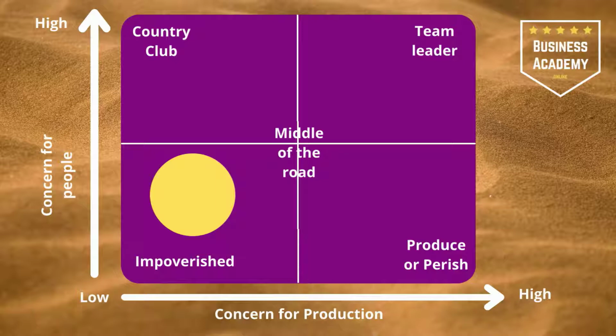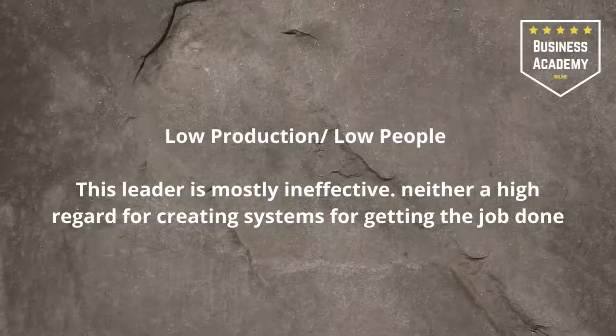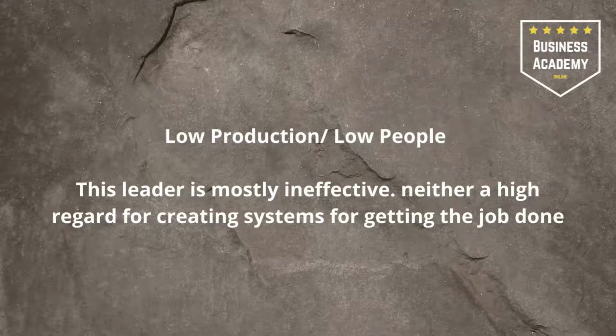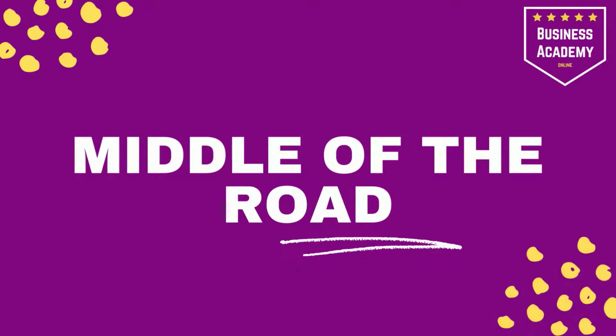They weren't mine, thankfully, but I remember that they were just counting down for retirement, and they just wore this grey jumper, and it had a massive hole in it, and they would just spend the entire day fingering the hole in the jumper, staring out the window, doing very little, basically saying, yeah, whatever, when their staff ask something. This leader is mostly ineffective, with neither a high regard for creating systems to get the job done, nor the people. So I see them as this grey, useless mass.